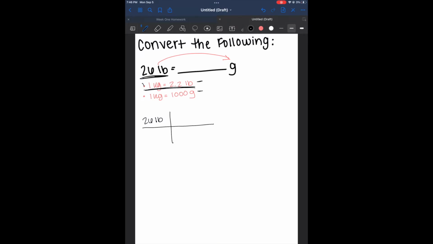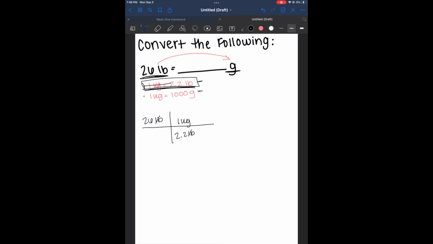So think of these as a married couple, so they have to go in the same box together. But you can flip their roles. So our 2.2 pounds is going to be down here because they have to be diagonal to cross out. And our 1 kilogram is going to be on top. So our pounds will cross out. We're left with kilograms, which is not what we need to get to.